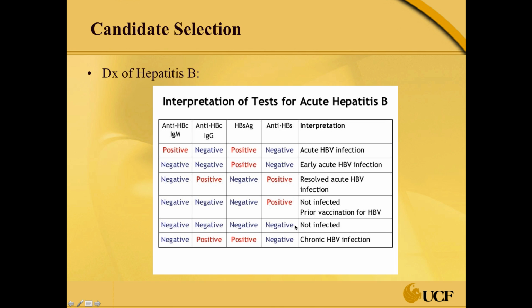Not infected, none of these are going to be positive, but remember, if they've had the vaccine, your anti-HBs is going to be positive. And then if the patient has chronic Hep B infection, that IgG is going to be positive, as is your surface antigen. Okay, so this is a really good table to remember for judging diagnosis of hepatitis B.